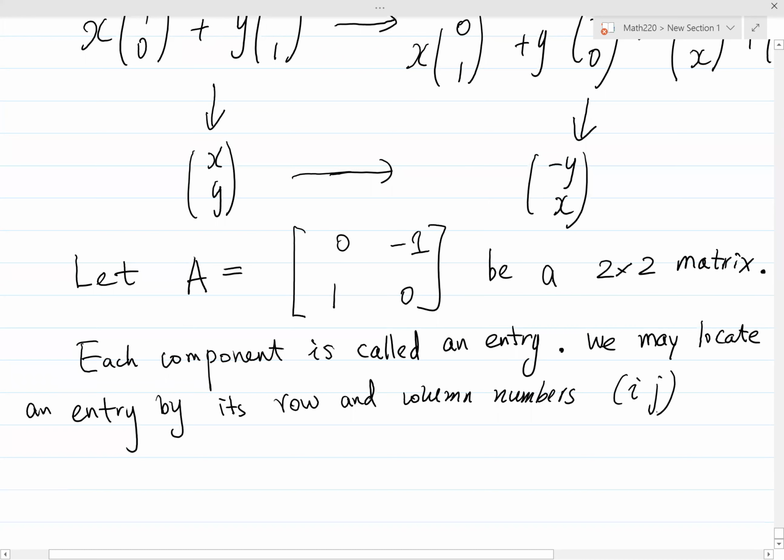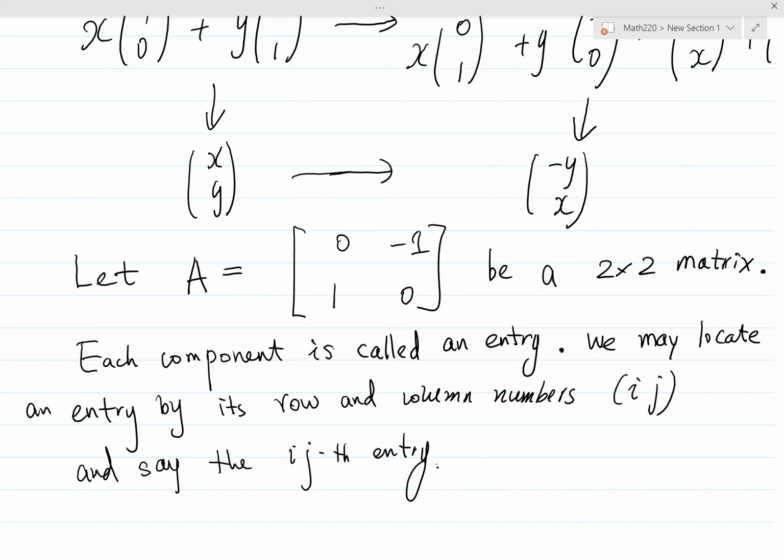Then we call it the ij entry. Now this matrix A is an operation that corresponds to the rotation.